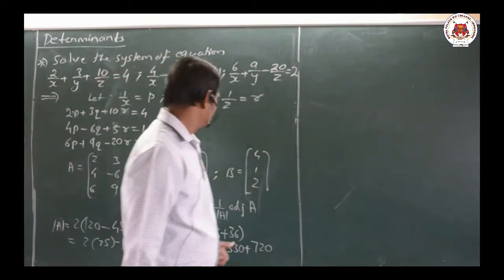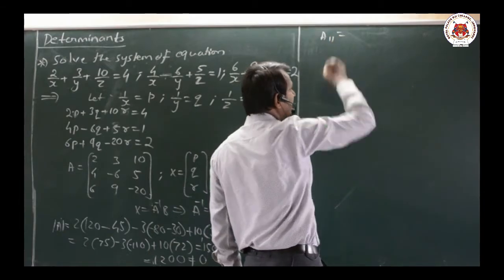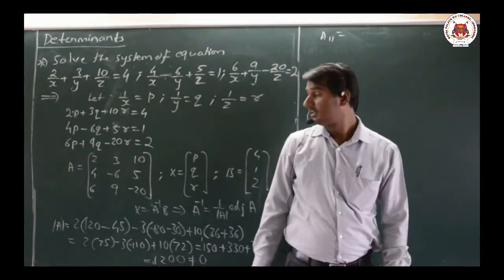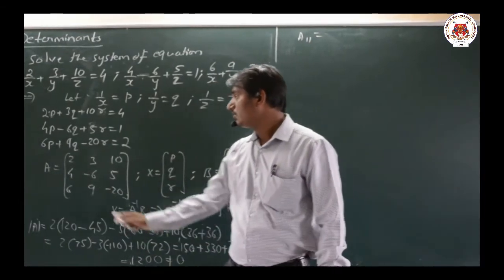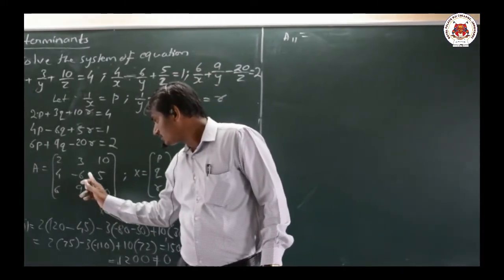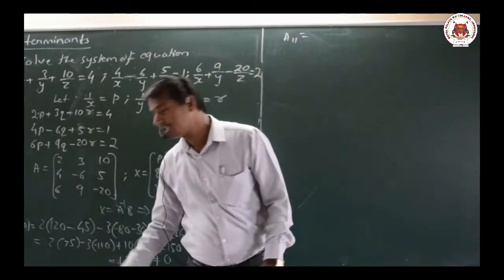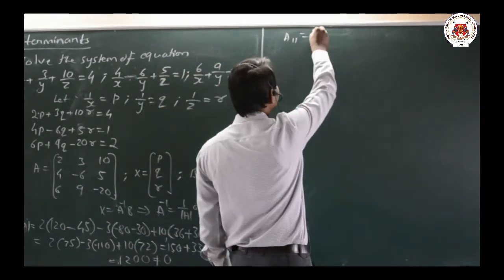Next is finding the adjoint of A. For this, directly I will write down A11. A11 means the cofactor of 2: 6 into 20 is 120, 120 minus 45, so we get 75.